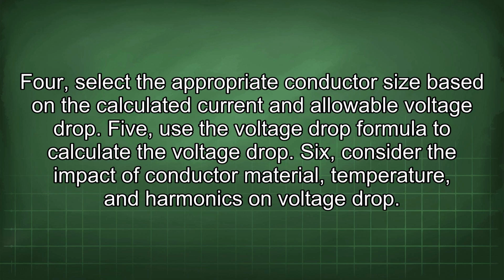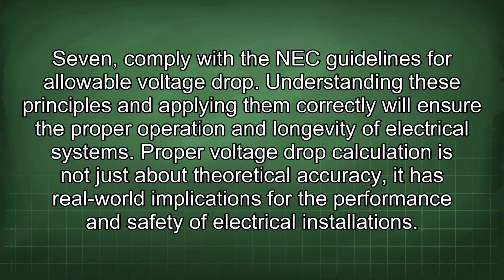Select the appropriate conductor size based on the calculated current and allowable voltage drop. 5. Use the voltage drop formula to calculate the voltage drop. 6. Consider the impact of conductor material, temperature, and harmonics on voltage drop. 7. Comply with the NEC guidelines for allowable voltage drop. Understanding these principles and applying them correctly will ensure the proper operation and longevity of electrical systems.